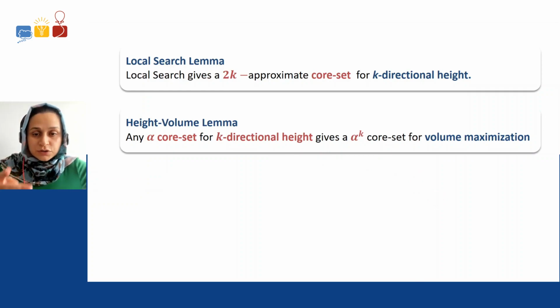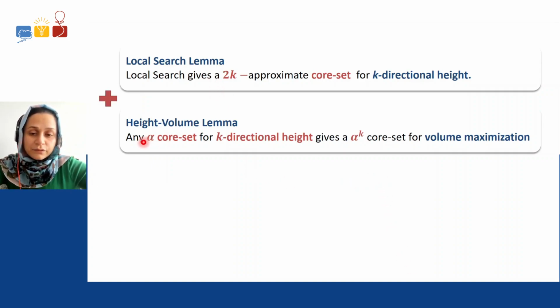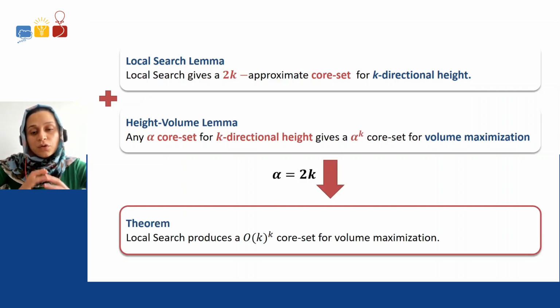And if we just put these two lemmas together, we replace the value of alpha in the second lemma with the 2k we have from the first lemma. So we get the following, that the local search algorithm produces a coreset with approximation factor of 2k to the k.